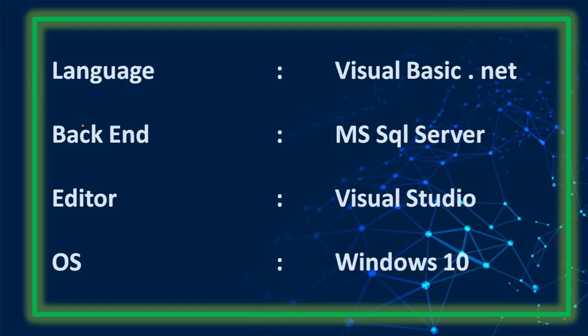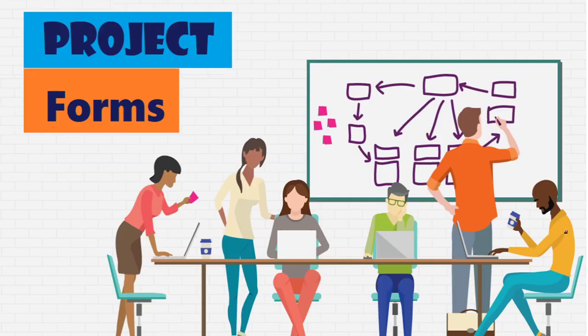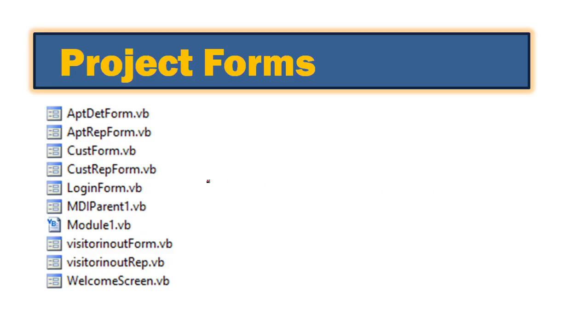For software requirements, we are using Visual Basic.NET as the language, MS SQL Server as the backend, Visual Studio as the editor, and the operating system is Windows 10. Now the forms used in the project: around 10 forms.